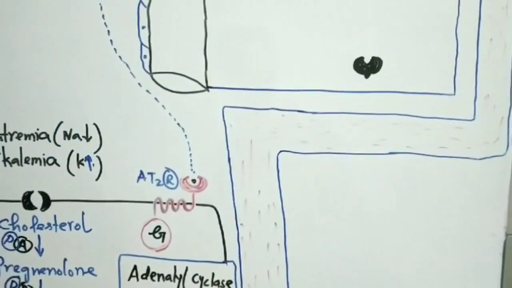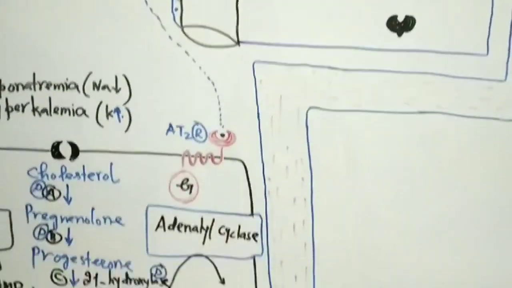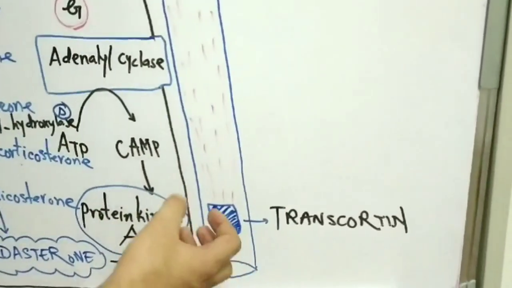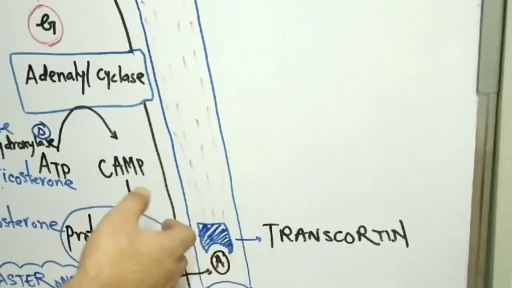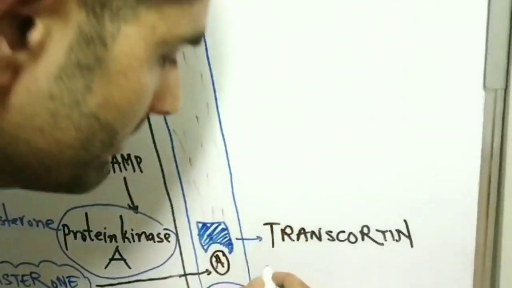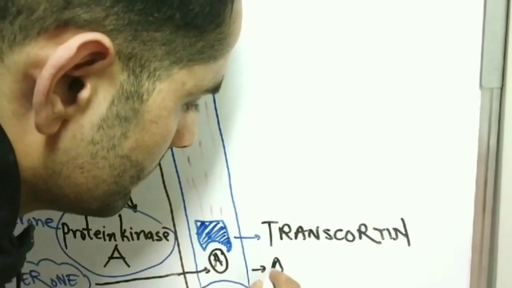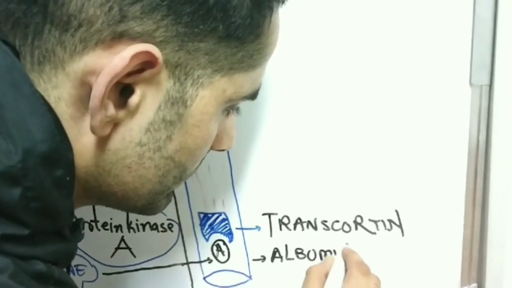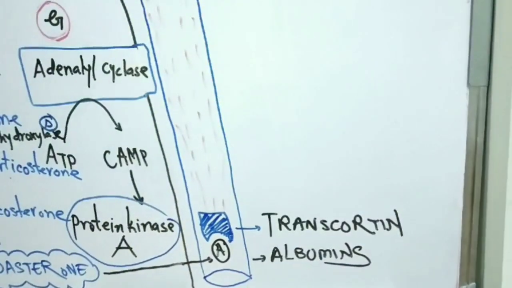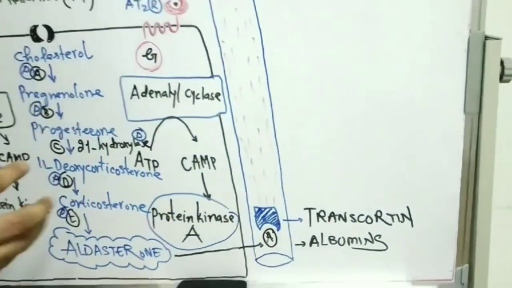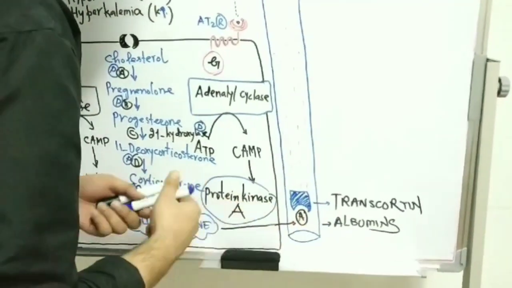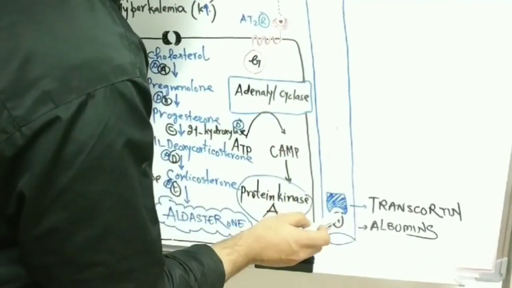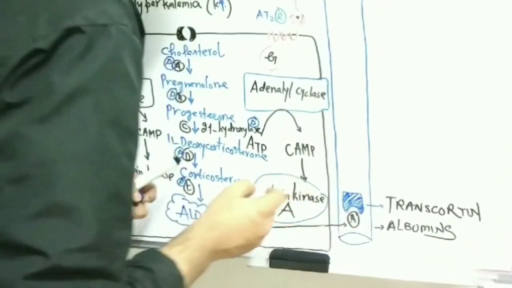There is another plasma protein, that is albumin. Albumin can also transport the aldosterone.